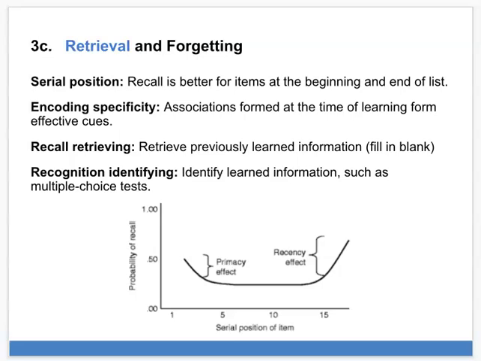The last section we're going to be talking about is retrieval and forgetting. So retrieval is taking it out of long-term memory. When it comes time to write your test or anything like that, retrieval is the process of accessing the information that you need, right?